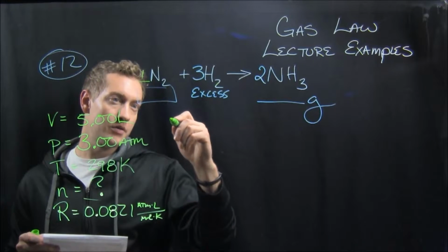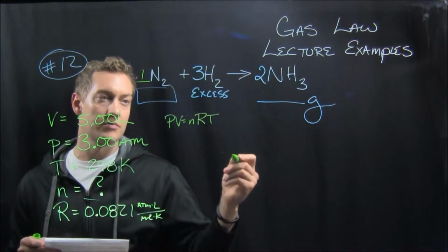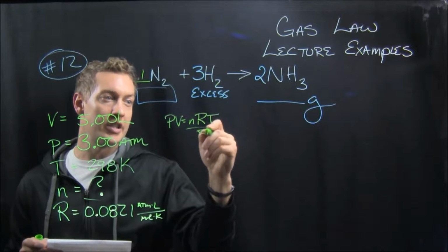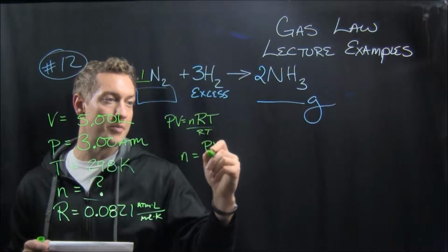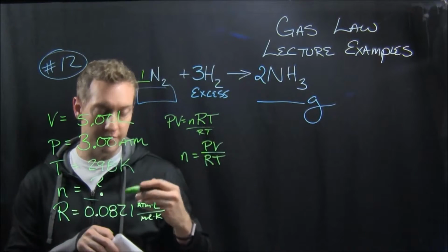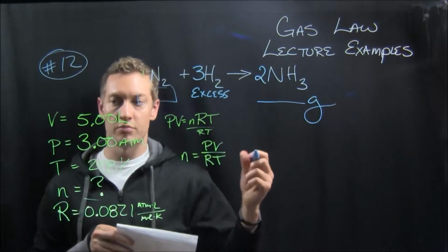So if PV equals nRT, divide RT over to the other side, moles is going to equal pressure times volume divided by R times T. We can plug in our numbers.